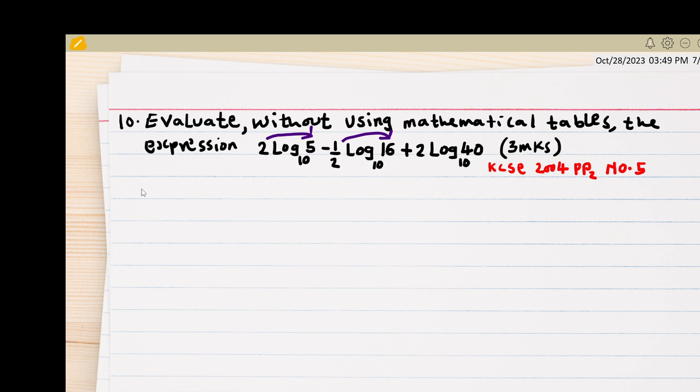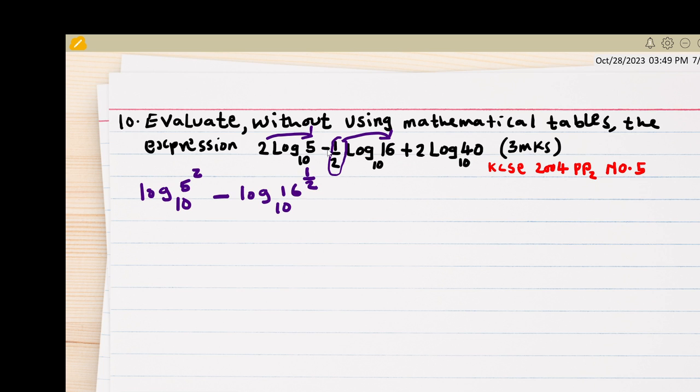So this will be log to base 10 of 5, and I'll take 2 to the power, then minus log to base 10 of 16 to the power of a half.